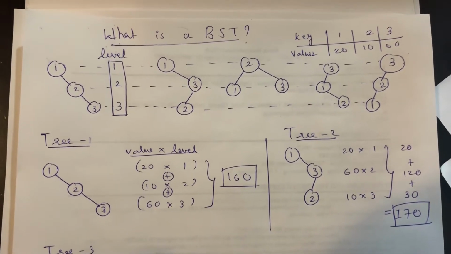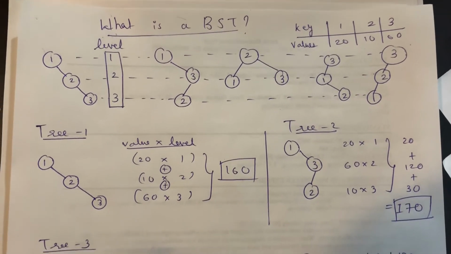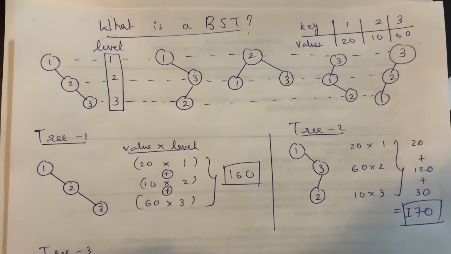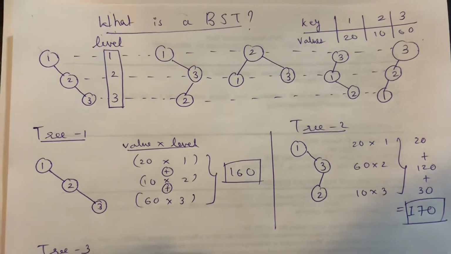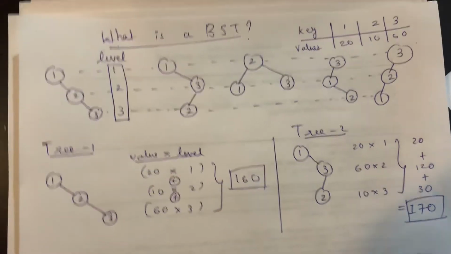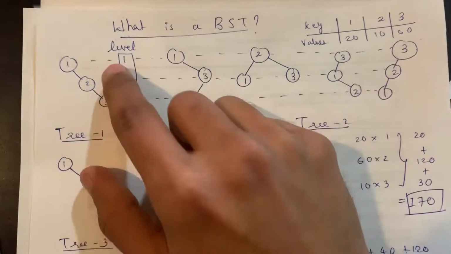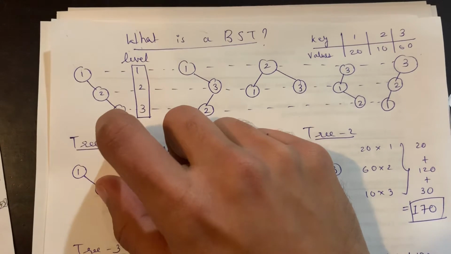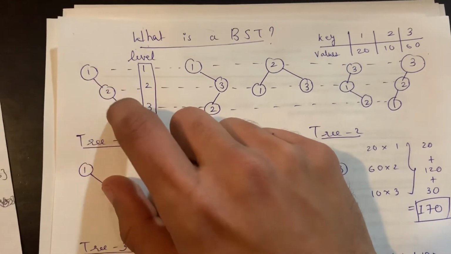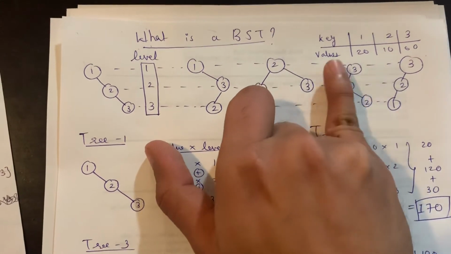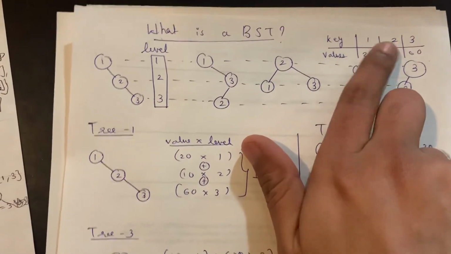Let's see the examples, and it will be pretty clear what's a binary search tree and what's not. For this example, we'll first take key number 1 as the root node. Next key we take, let's say 2. 2 is greater than 1, not by value, please keep in mind you don't see the values right now.